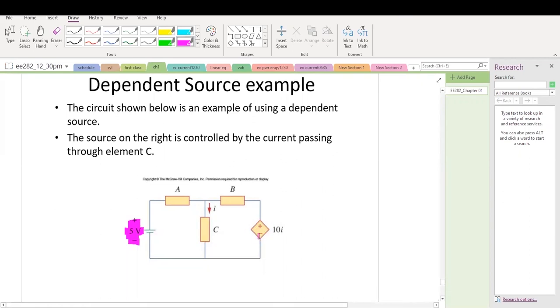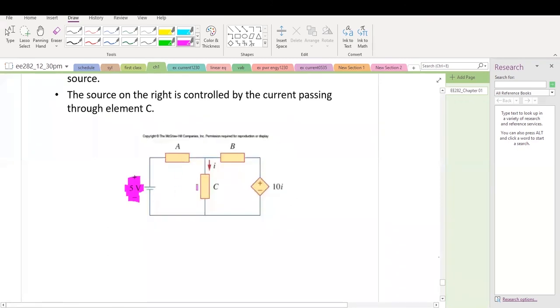It has a plus sign and a minus sign here, so of course we can see this is a voltage source. It's controlled. What is the controlling parameter? It is current. So it's a current controlled voltage source. When we're analyzing this circuit, the voltage on this source is a function of the current in this branch.